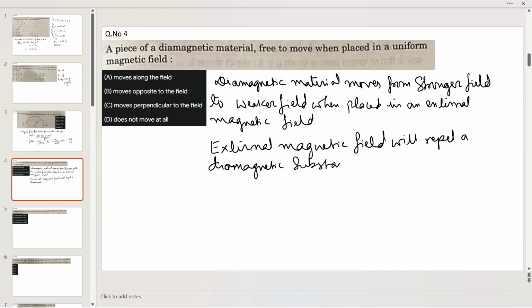So since it repels, it moves opposite to the field.